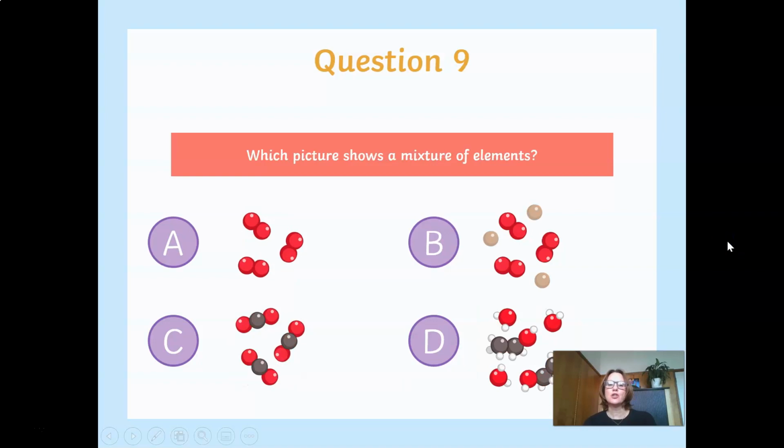Which picture shows a mixture of elements? Okay, so elements, pure substances made up of only one kind of atom, joined together, right? But it's pure and it is a mixture and they can be separated. Correct. Number B. It's a mixture of different elements.